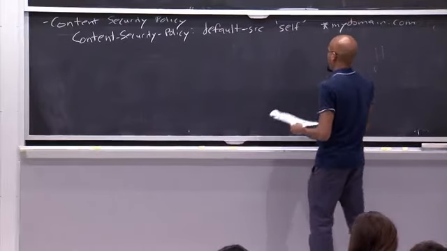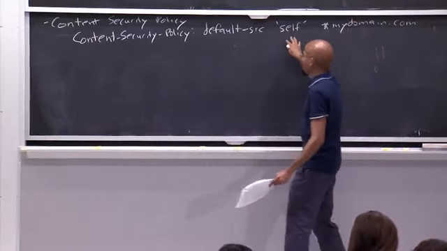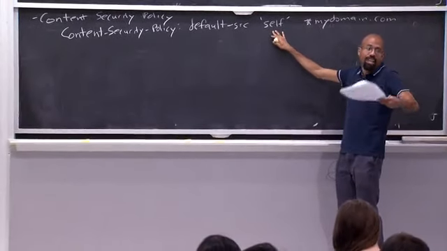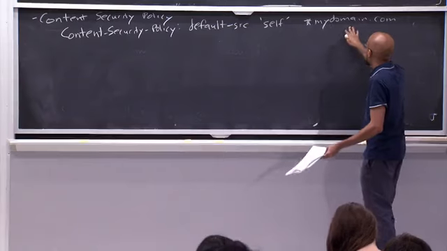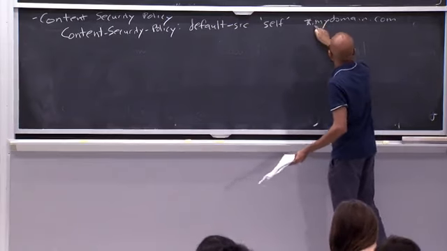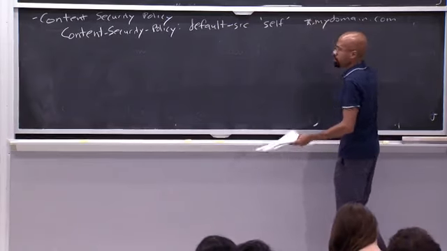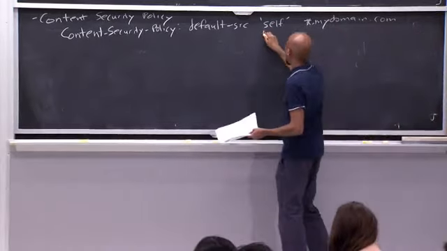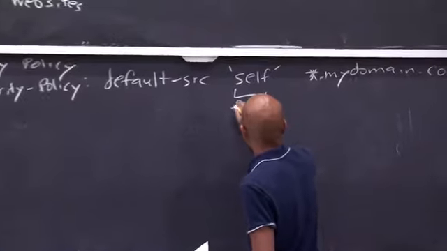Essentially, the server is saying the content from this site should only come from whatever the domain is for the particular page, right? And then any other subdomain from mydomain.com. So what that means basically is that, let's say self was bound to foo.com.